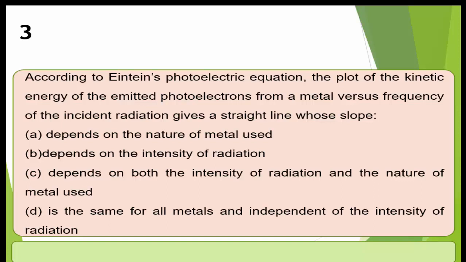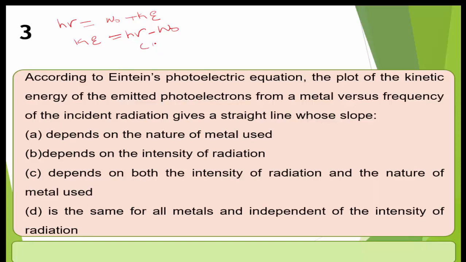According to Einstein photoelectric equation, we know the formula h nu is equal to work function plus kinetic energy. So the kinetic energy is equal to h nu minus work function.